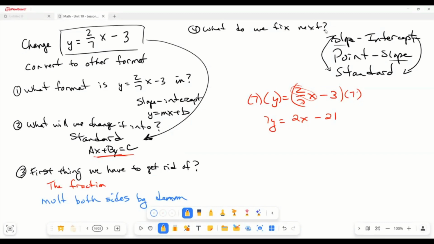Yeah. Careful. We divide both sides by 7. Well, if we do that, then 7y, we're going back up here to y equals 2/7 x minus 3. If I divide by 7, I'm going back to getting my y by itself. I don't want y by itself. We want this.